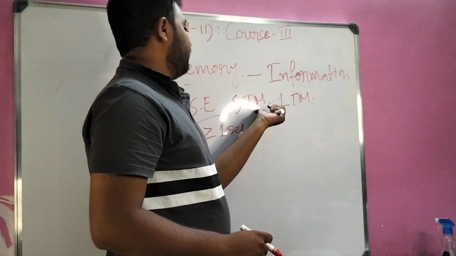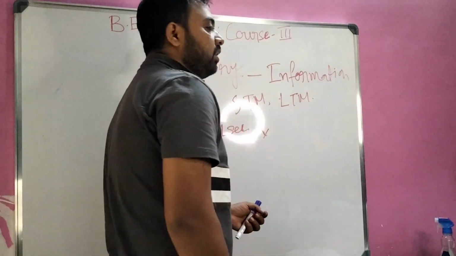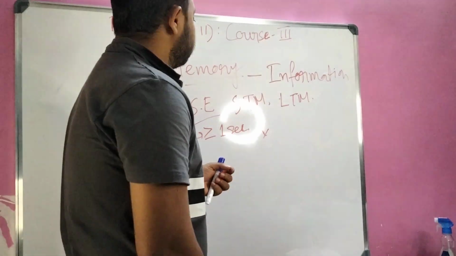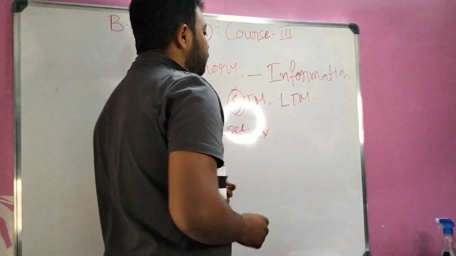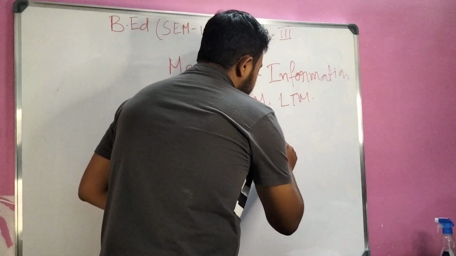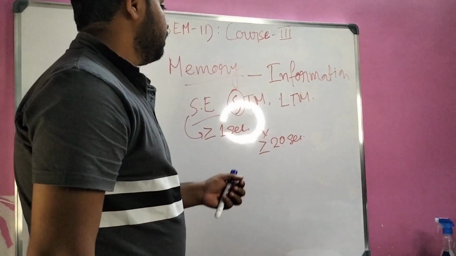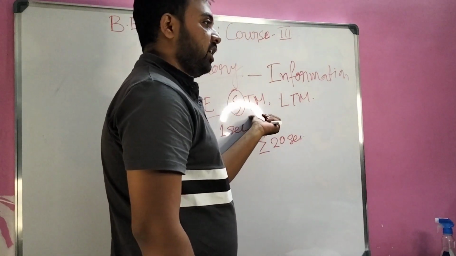The second type of memory is STM, the short term memory. Short means the duration of this memory is basically more or less 20 seconds. That's why it's called short term memory.